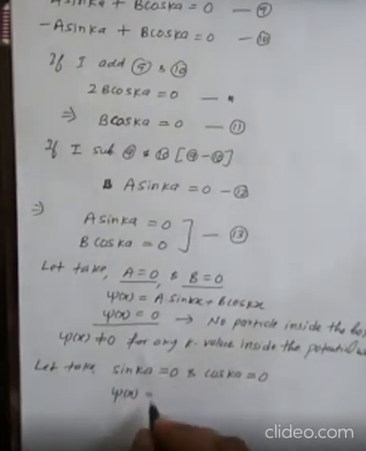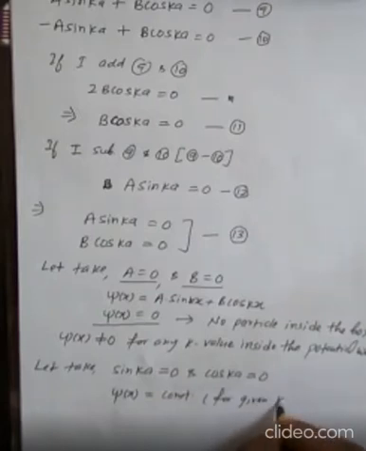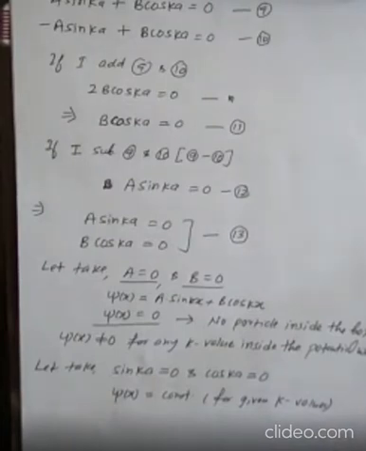The wave function will be constant for given k values. So for given k values, when we put the value of sin and cos ka, we will get the k value from both cases, and then we use that k value in the general solution psi x, and the psi x will be constant. Okay, but this is again not the case.